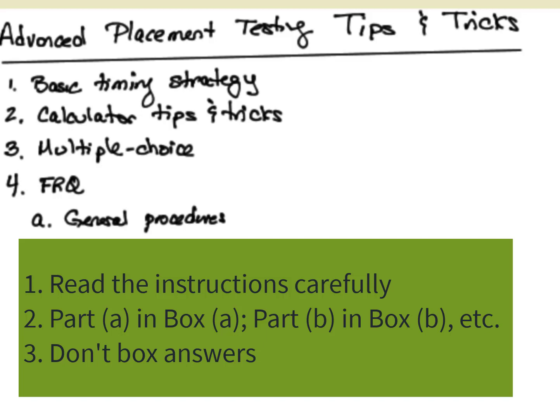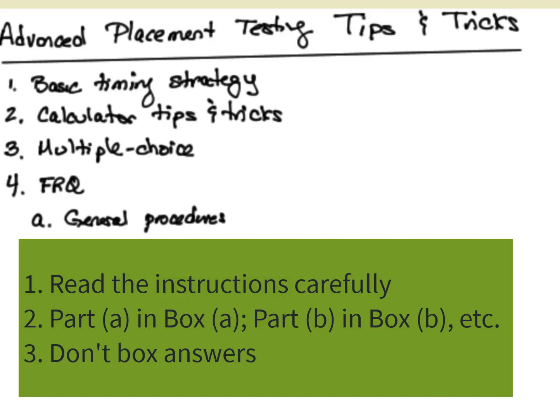Also, part A always goes in part A. Part B goes in part B. So if your answer to part A is in part B, it's not going to get read unless somewhere in the box of part A or in the writing of part A, you write C part B. The other way, if you do part B in part A, sometimes that'll work, but the first way is bad. So be very clear: in part A, you're doing part A, in part B, you're doing part B, and if you're not, make sure the reader knows where they should find that work.